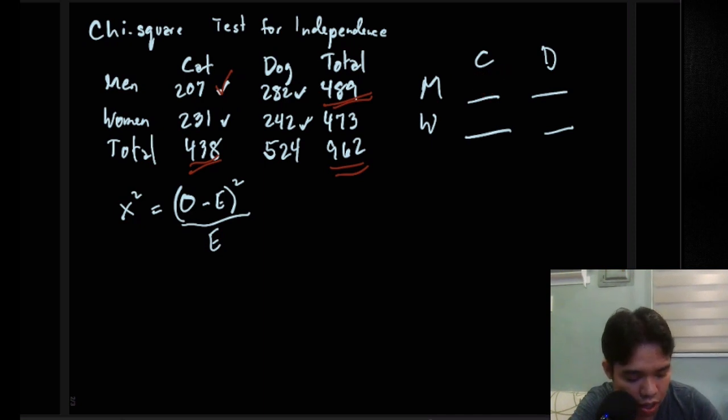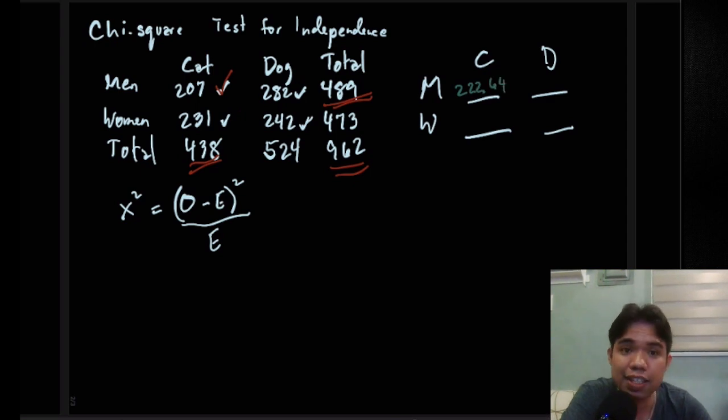Let me just write the value right away. It will be 222.64.